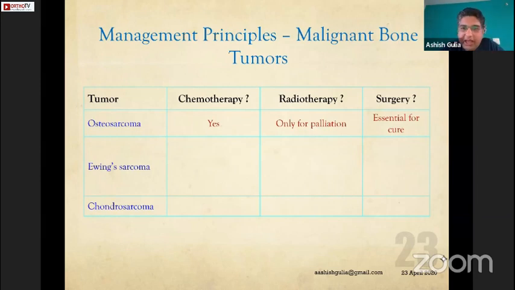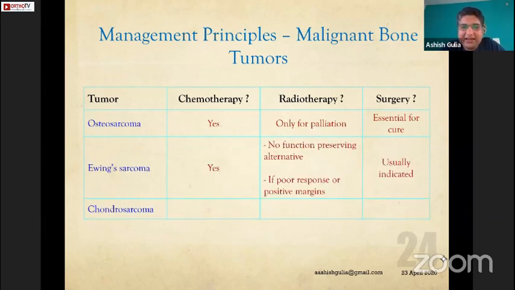I have a couple of slides later on which I'll discuss with you and explain those indications as well. Ewing sarcoma is the second tumor which we're going to discuss. And again, like osteosarcoma, chemotherapy is a very essential part of the treatment, and surgery is most often indicated unless we have tumors which are unresectable, for example in the spine or sacrum, or where the resection causes very heavy morbidity.